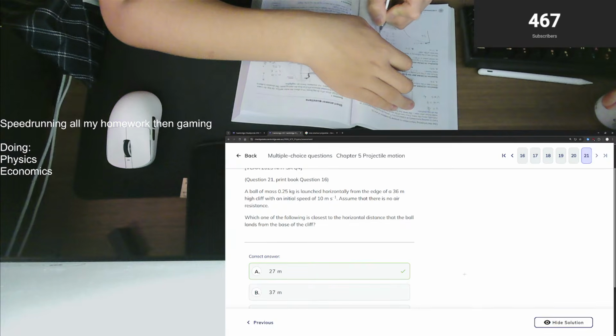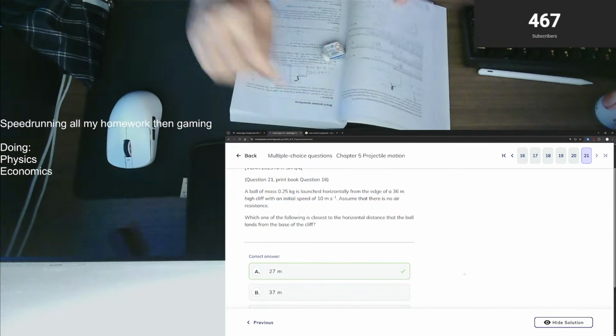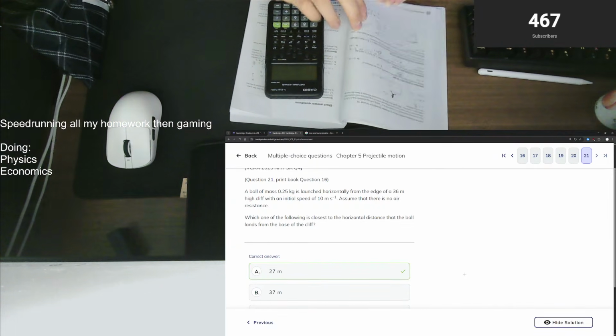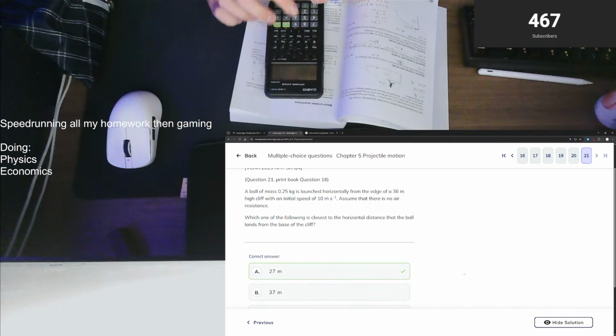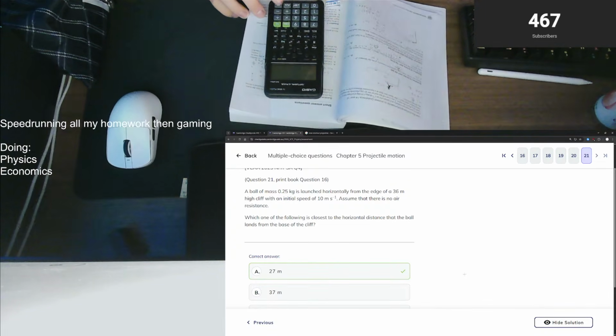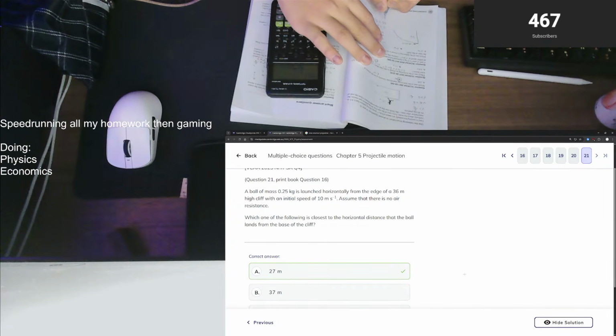We're trying to find time. 36 equals 0 plus half times 9.81 times t squared. 36 divided by 4.905. T equals 2.7.